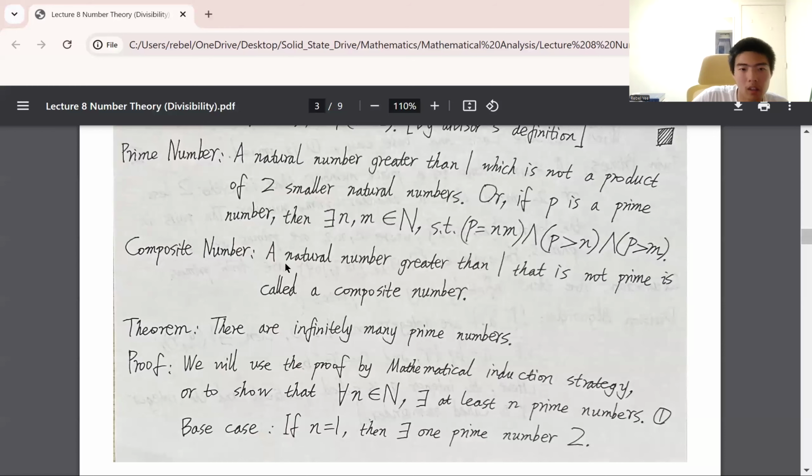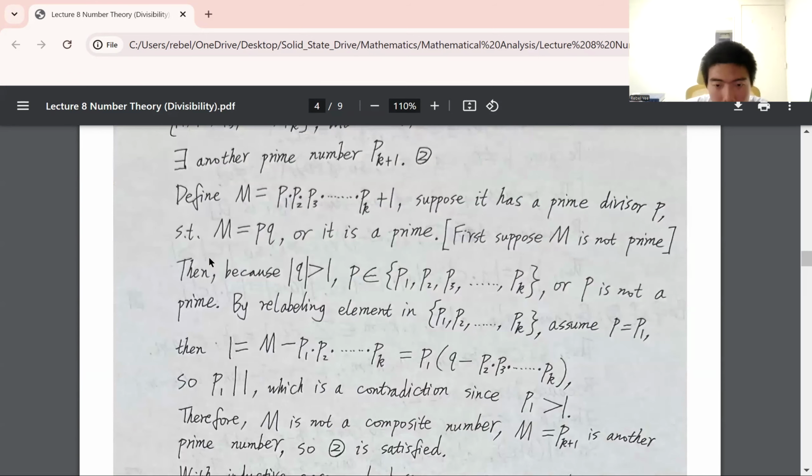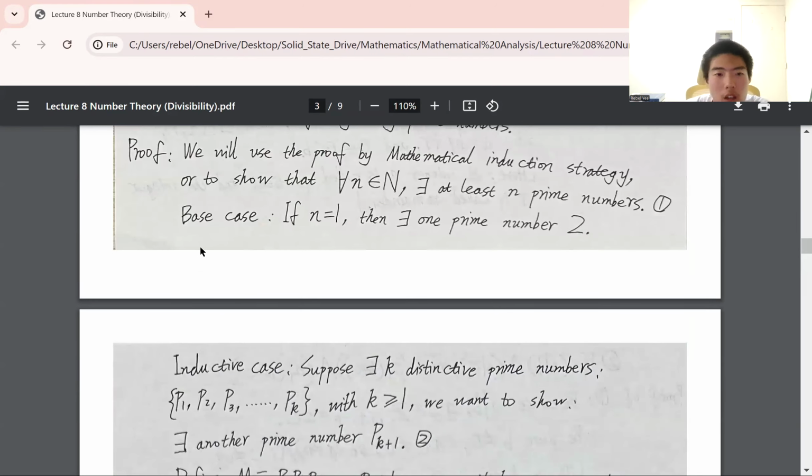Okay, and there's one theorem. It says there are infinitely many prime numbers, and this proof is ancient but still celebrated. The proof is not very long, but it's very hard to think of at first.